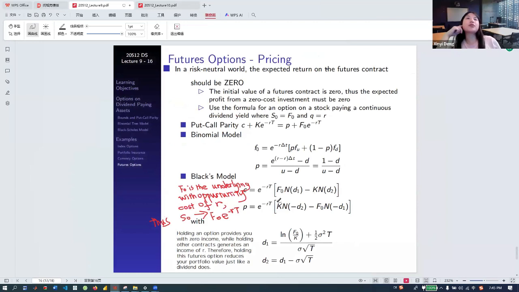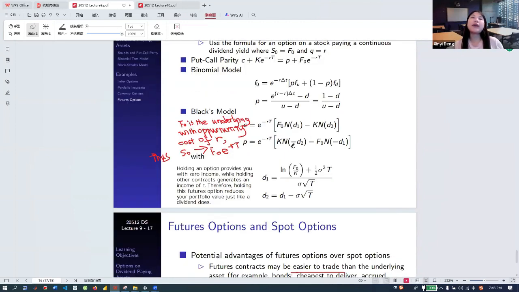Now let's also go to the pricing of futures options. For the pricing of the futures options, what happens is that futures options can be viewed as having an implicit dividend yield, and that implicit dividend yield is actually R. Let me expand a little bit more here.